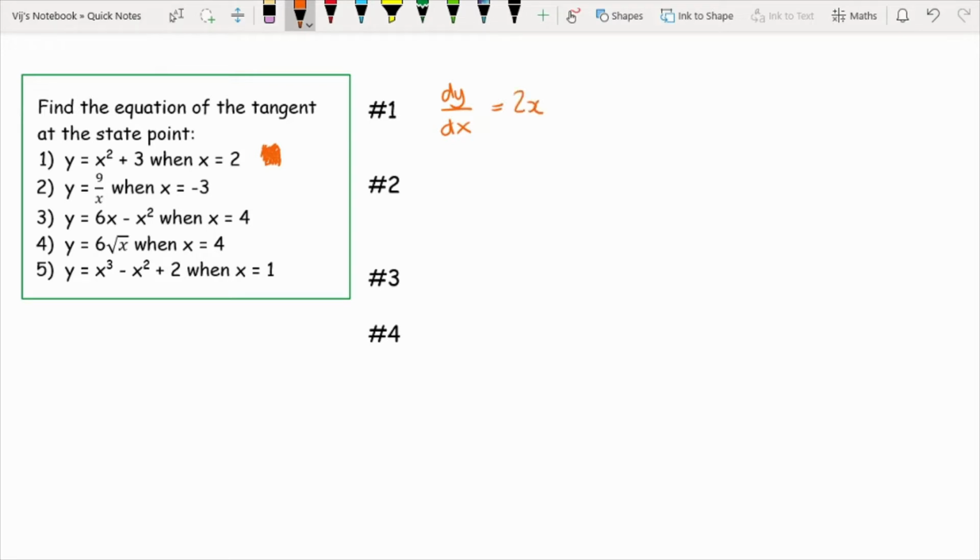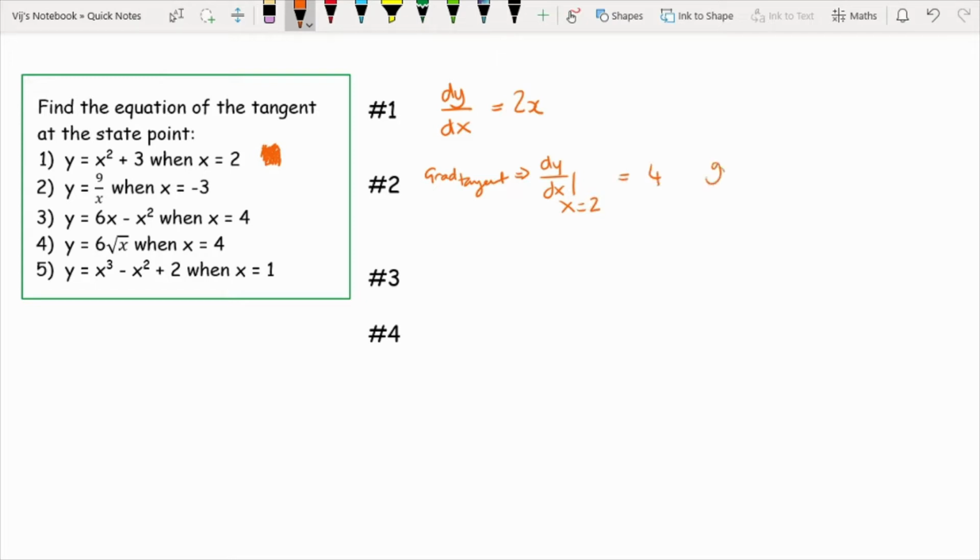For the second step, I need to find the gradient of the tangent. The gradient of the tangent is going to be equal to, and that's when I substitute 2 into my dy/dx, I'm going to end up with 4.